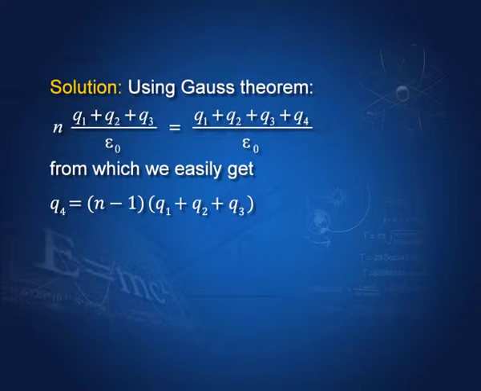Now, what is the flux through S2? It is Q1 plus Q2 plus Q3 divided by epsilon 0, and n times that must be equal to the flux through the surface S1, which is total charge Q1 plus Q2 plus Q3 plus Q4 divided by epsilon 0. And from this equation, we can find what Q4 would be in terms of Q1, Q2 and Q3.